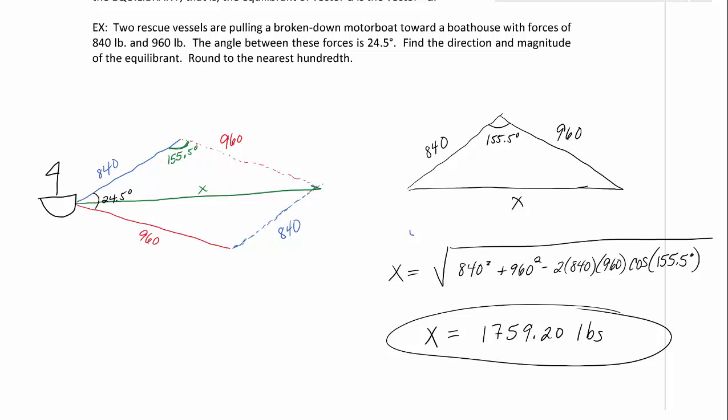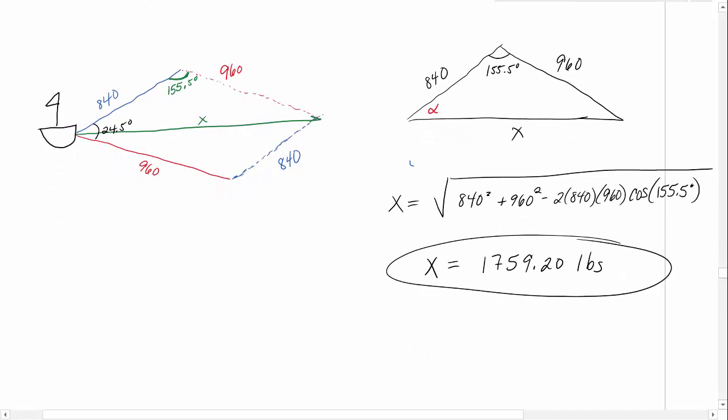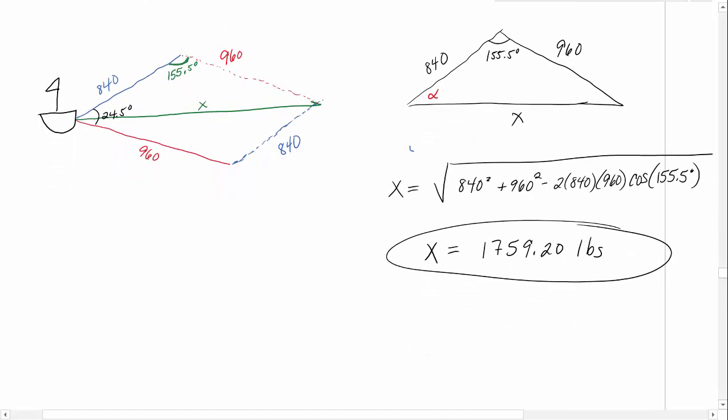Now we need to find the direction. So we need to find the angle inside of our triangle, and we want the angle next to the boat, so I'm looking for this angle alpha here. Well, since I know this bottom side now, you could use law of cosines if you wanted to, but now I have a known pair because I have the x and then the angle across from it, so we could switch to law of sines.